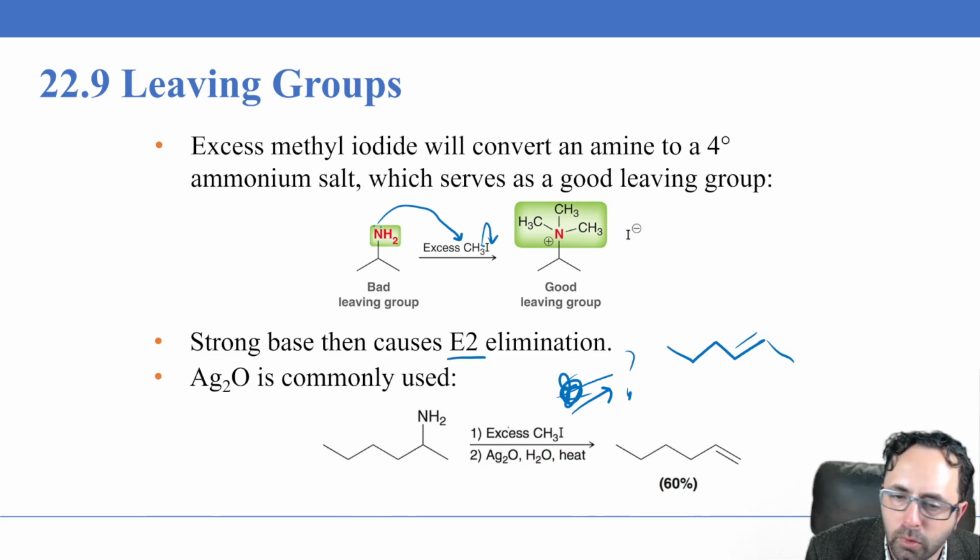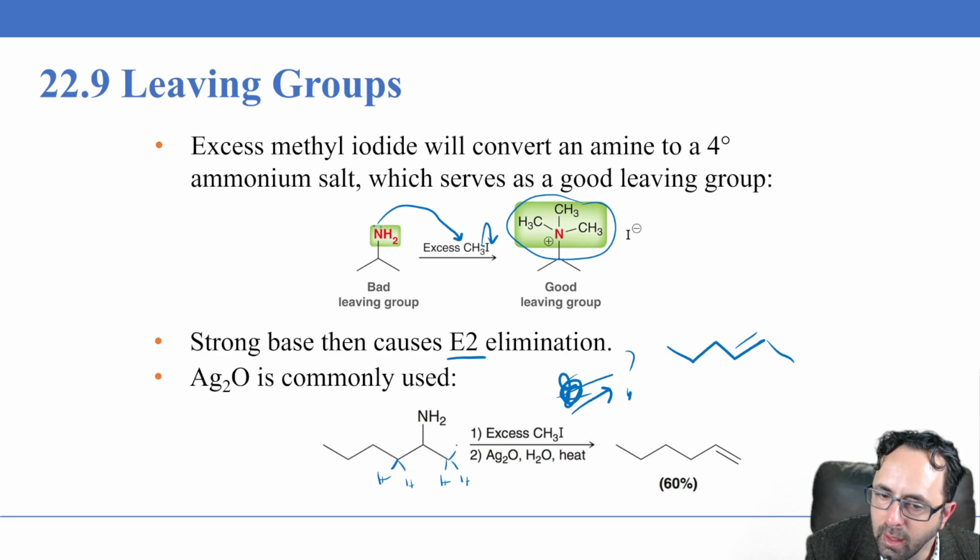So when it's proceeding through an E2 reaction mechanism, our hydrogens must be positioned anti-periplanar to the leaving group here, and the leaving group being the amine group that gets alkylated like this. So this is the leaving group here. Well, over here we've got 2 hydrogen atoms, and over here we have 3.